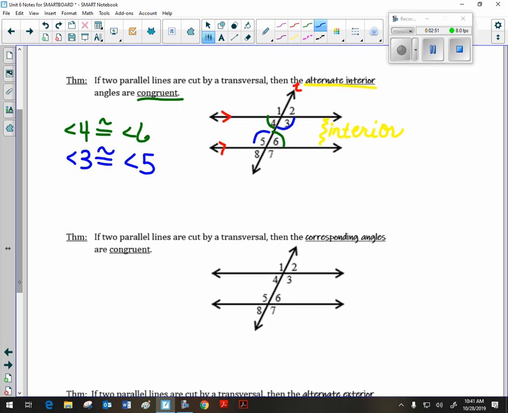In the second THM, which stands for the word theorem, which as far as you're concerned is really just a rule in math, we have a second set of angles that we want to make sure that you can find. Again, we have parallel lines and we have this transversal that cuts through them, and there's 8 angles that are formed.